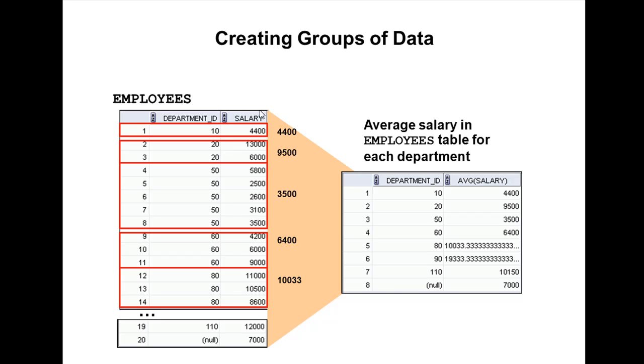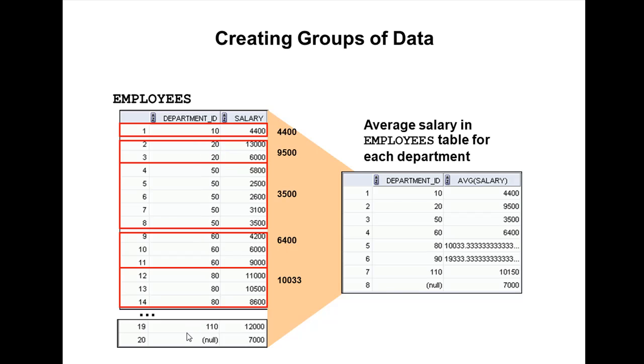The group by clause divides a table of information into small groups. Here you see department ID 10 in one group, department ID 20 in one group, department ID 50 in one group, department ID 60 in one group, like that. The whole information is divided into smaller groups.